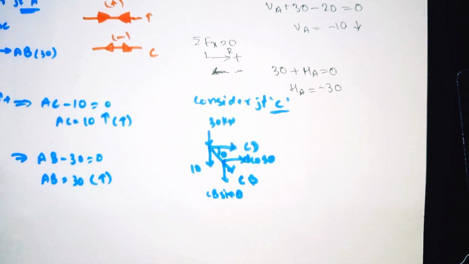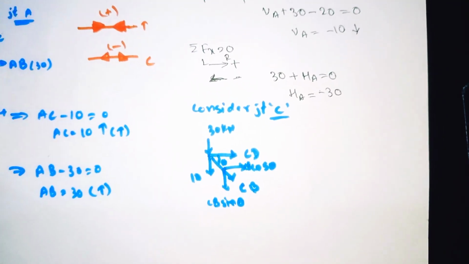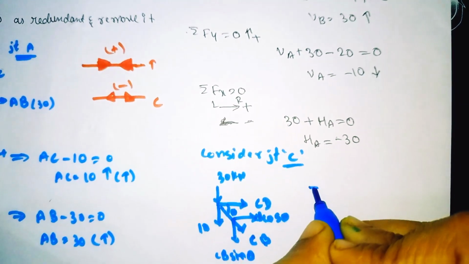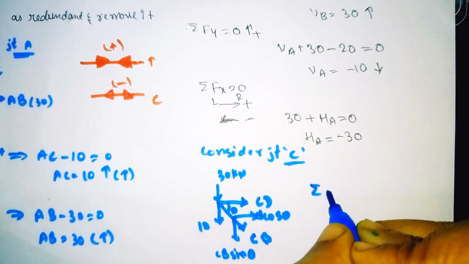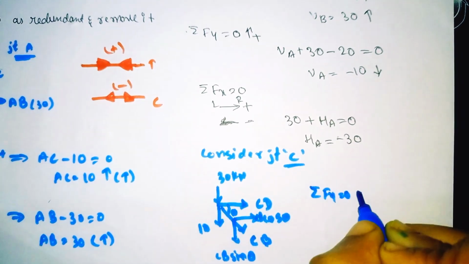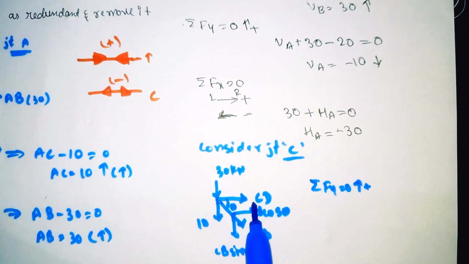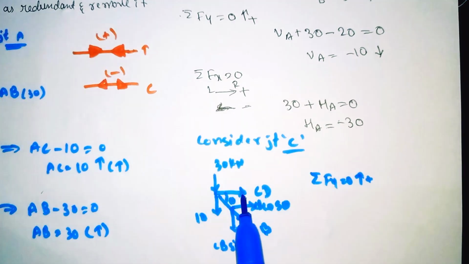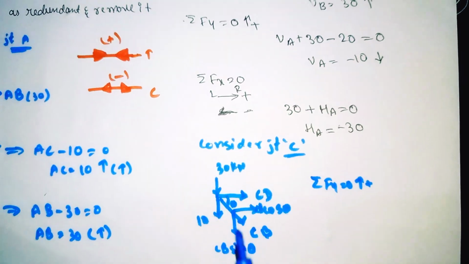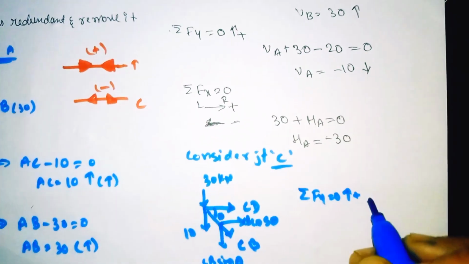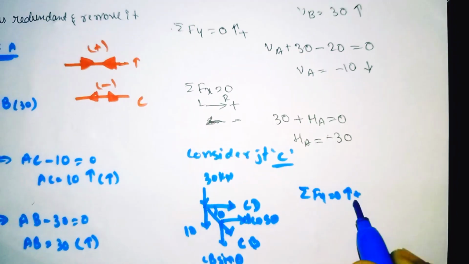Now how to find this, I will tell. Take the summation of all vertical forces equal to 0, with upward taken as positive. One more thing: when you don't know the value of a member, take its direction away from the joint, the unknown you want to find. So the summation of Fy is equal to 0.